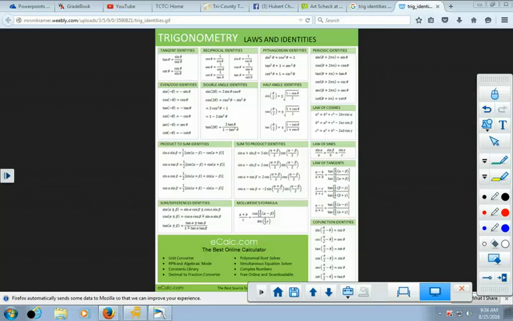Because you aren't going to be able to do anything with these unless you know how to use these and learn those. So that'll be your homework tonight, is learning those. And then when y'all come back, whatever day that is, we'll move into verifying and proving some of your other ones. But you have to learn these first. Okay?